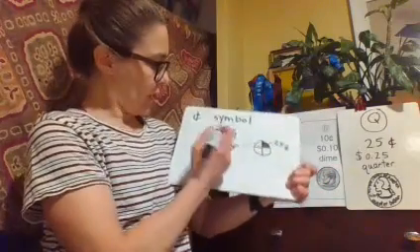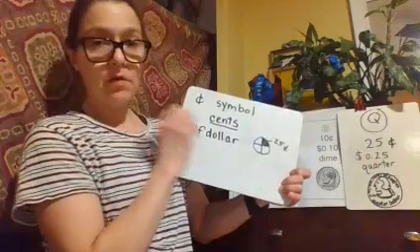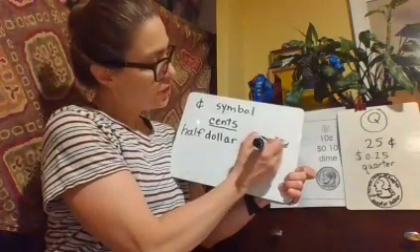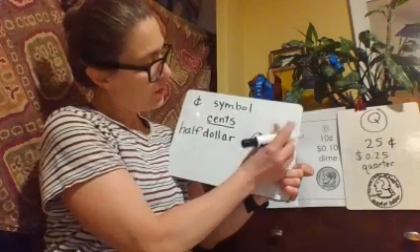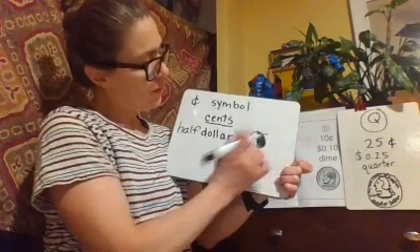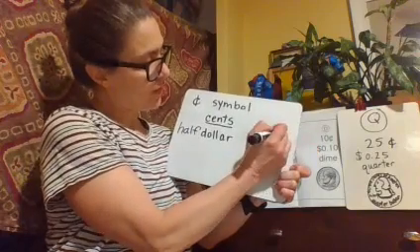And it's called a half dollar because it's 2 25s. So if this was the whole, then now it would be 50 cents, 2 25. So it would be 25 plus 25.